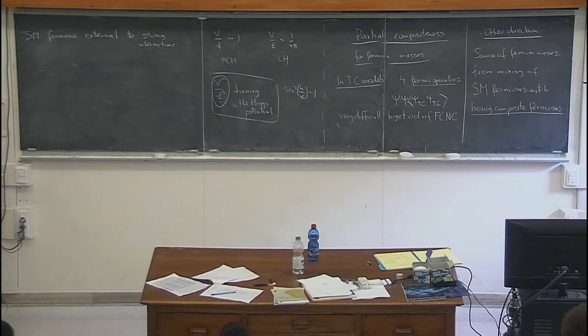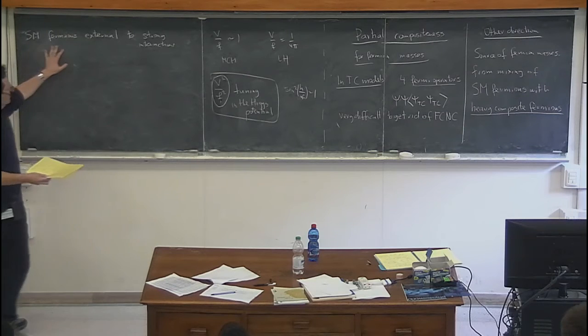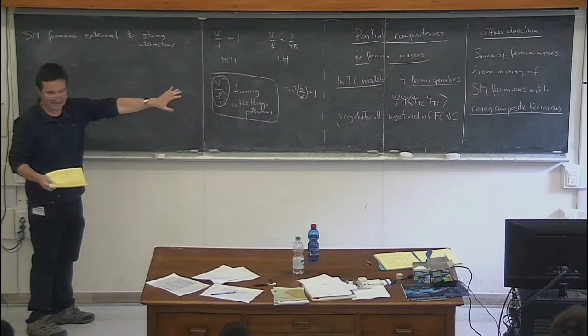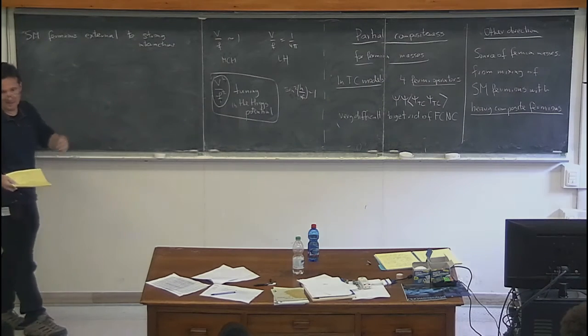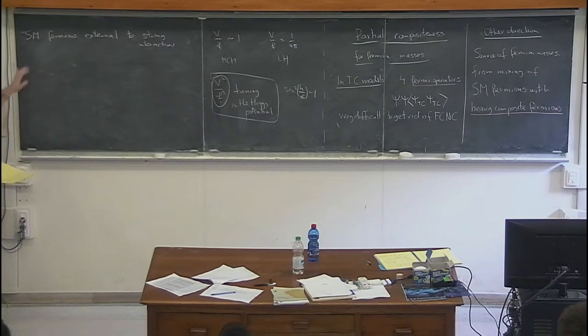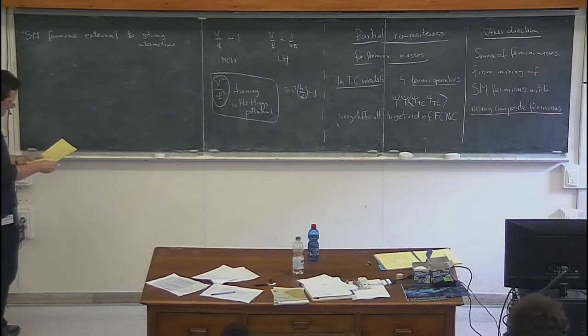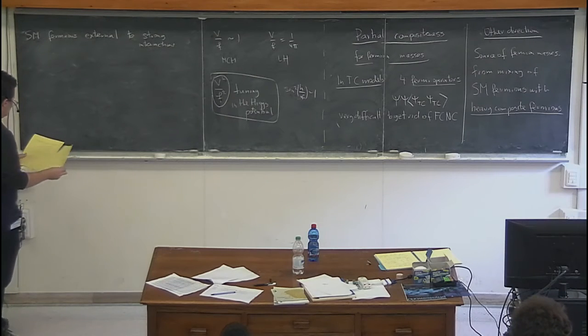So there's no massless fermion in the composite sector, but there's a tower of all of these heavy fields, and the standard model fermions end up mixing with some of those composite fermions. So this is the story of partial compositeness.